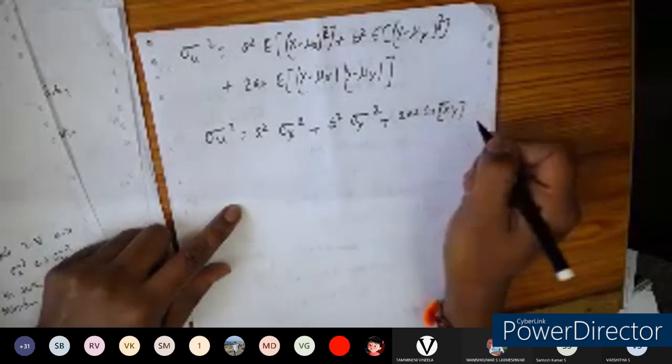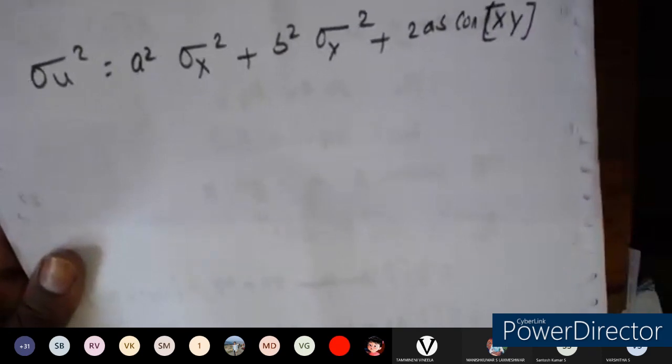The covariance is written in square brackets like this.